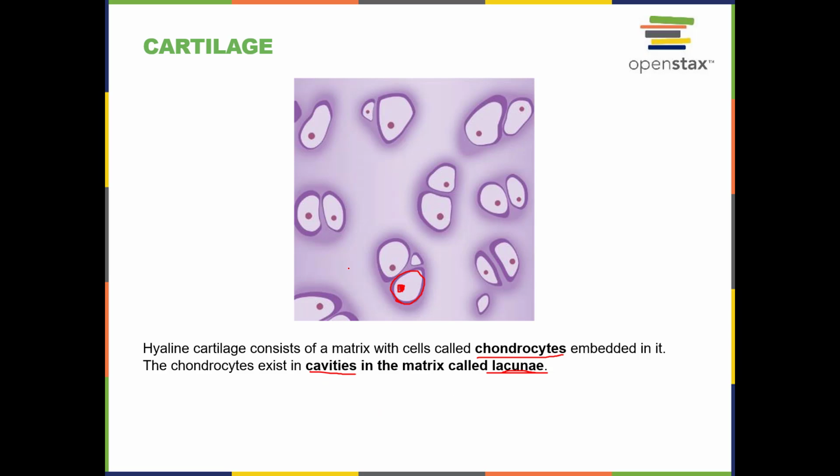And they secrete the material that we would call cartilage. So you can see how the cells are kind of spread out and sparse. There's different kinds of cartilage. This is hyaline cartilage. There's other types. I'm not going to go into a lot of detail though, because this is introduction to tissue types.